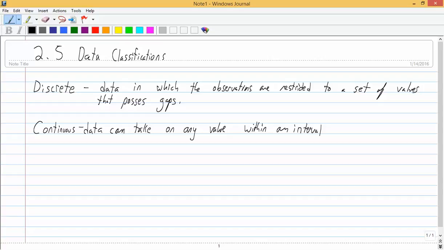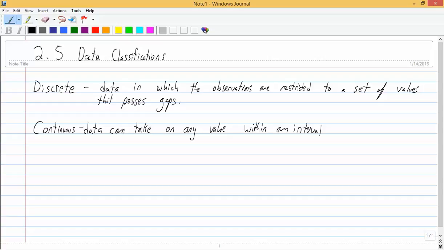There could be somebody that's 55.1 inches tall. So there are really no gaps there. Continuous means to continue on, and within some certain interval or boundaries, that data has no gaps.